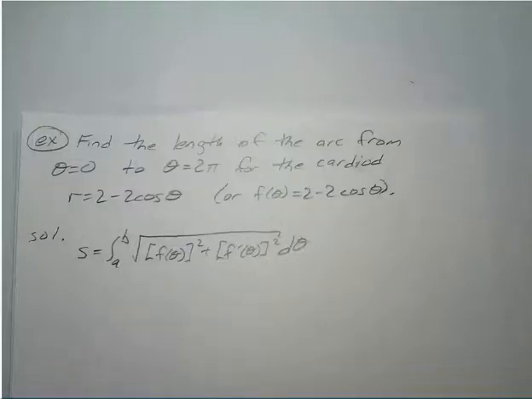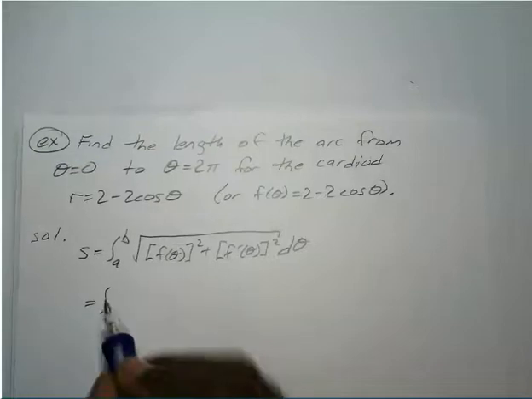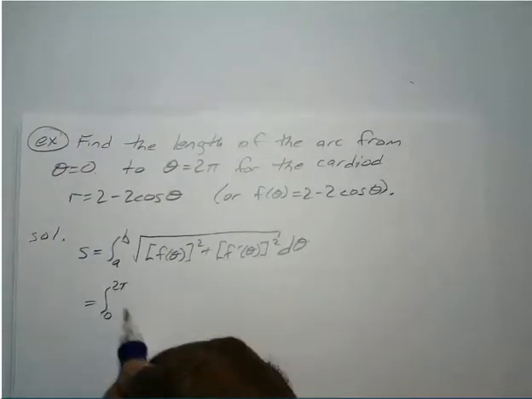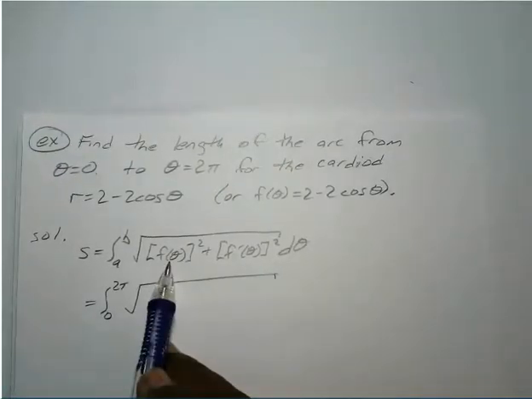Or you can use r if you like. So that just means this will equal the integral from 0 to 2 pi of the square root of f of theta squared.